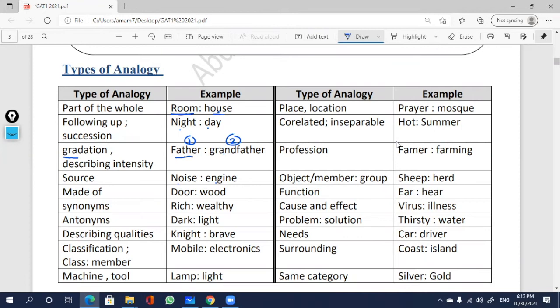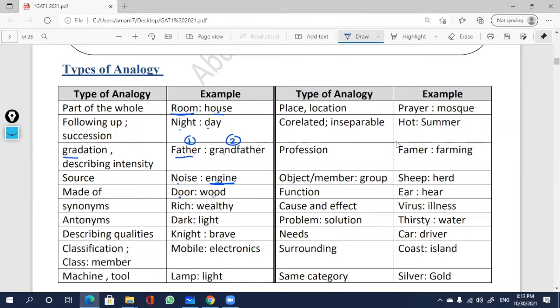An engine is a source of noise. Made of, door, wood. A door is made of wood. Synonyms, we have rich, wealthy. Antonyms, we have dark, light.